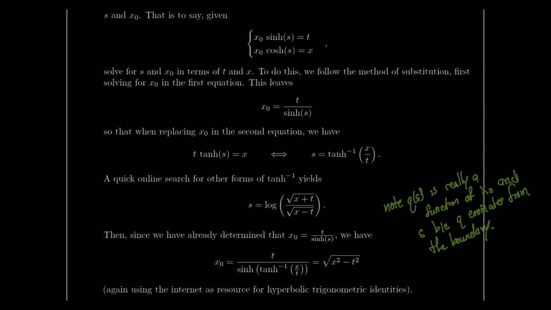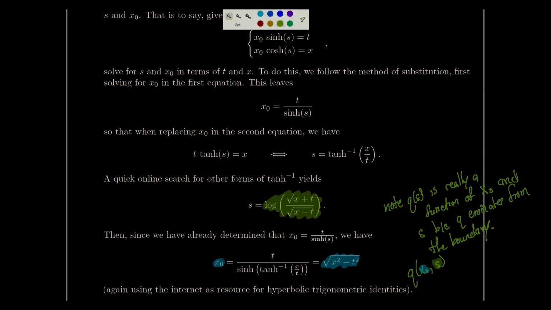Okay, so q emanates from the boundary, which means that it's really a function of x naught and s, and I've just found a way to write x naught in terms of x and t. So that's in terms of x and t. I've just found a way to write s in terms of x and t. So that's in terms of x and t.